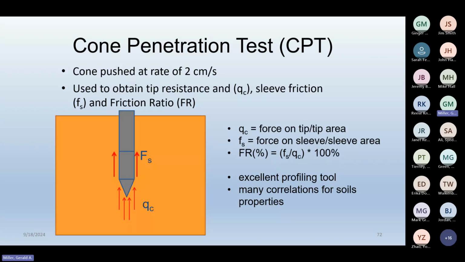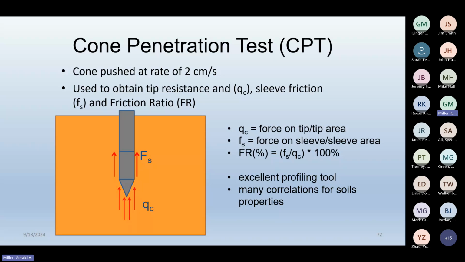It used to be more so when we had the old rope and cathead. And it is a dynamic test, which affects it. So the CPT tends to be very consistent. The results are probably much more reliable in terms of repeatability. And there's a lot of different empirical correlations that can be used to estimate all kinds of soil properties.